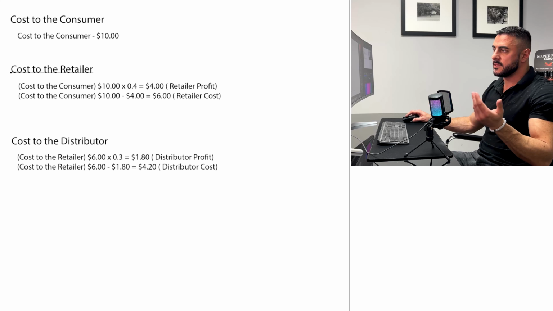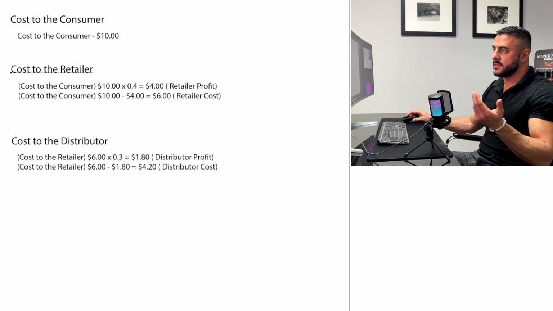So 0.6. So $4.20 multiplied by 0.6, or 60%, is going to give us $2.52. This is going to be your profit in dollar value, which means that when you sell your product to the distributor for $4.20, you will be keeping $2.52 of that $4.20 as profit. That's going to be coming into your business as profit.